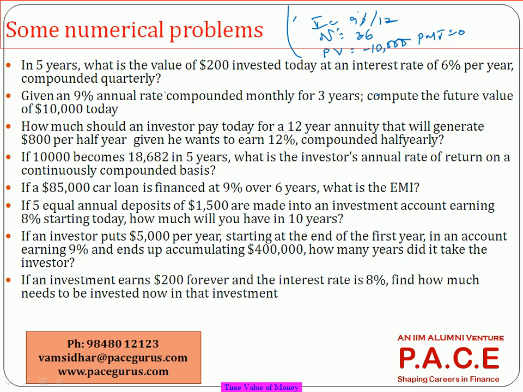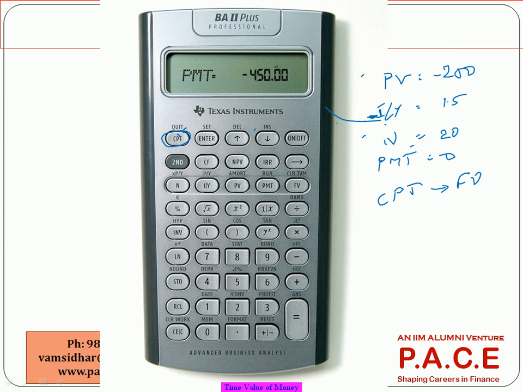If there is a PMT, a recurring payment per month, all of them should be on a monthly basis itself. So if it is a quarter, all of them should be on the quarterly basis itself. Otherwise, you will get a wrong calculation. Fine. This question is fine, right? You can just practice that out. And another piece of advice from a calculator standpoint, it's better that you reset the calculator every time.